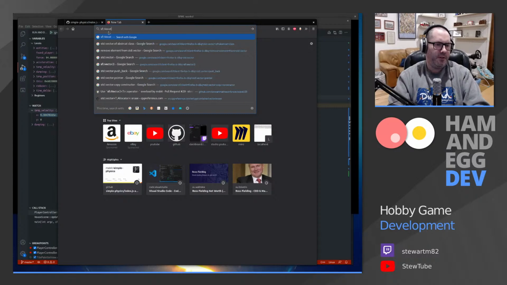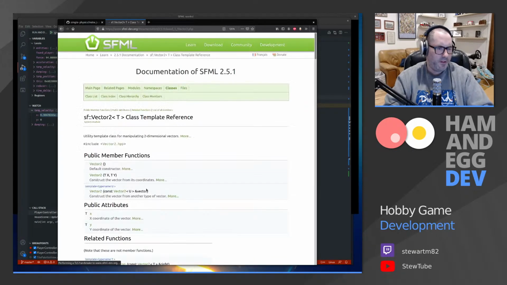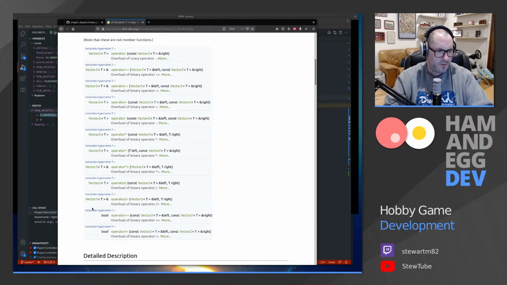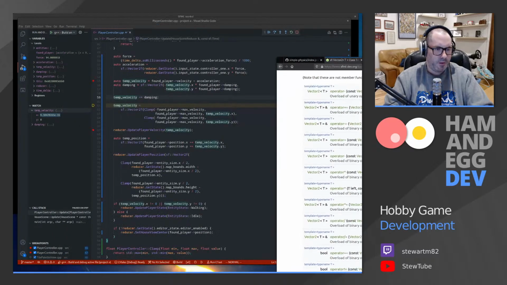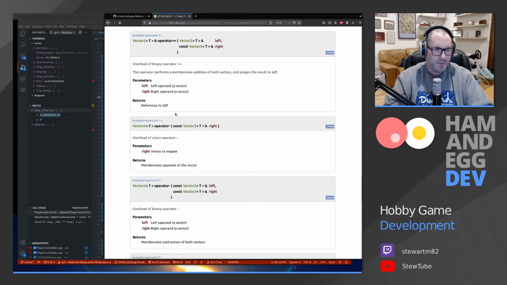SF vector to F. Let's just see what does it multiply? Plus equal. Member-wise addition and assigns result to left.